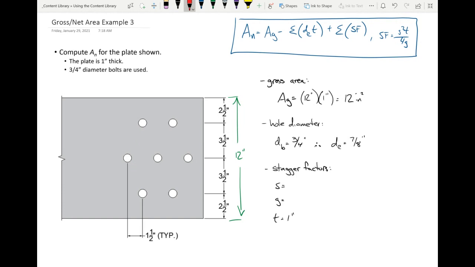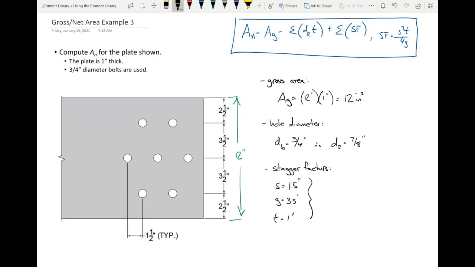Sorry, the S value. There we go. S is 1.5 inches, and G is going to be what? There we go, 3.5 inches.